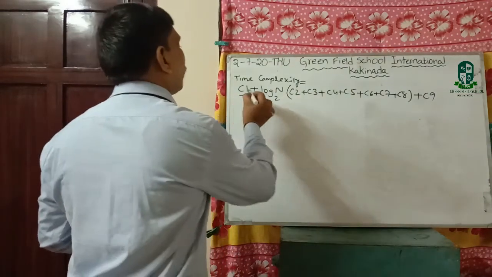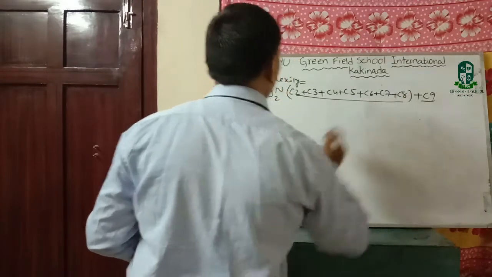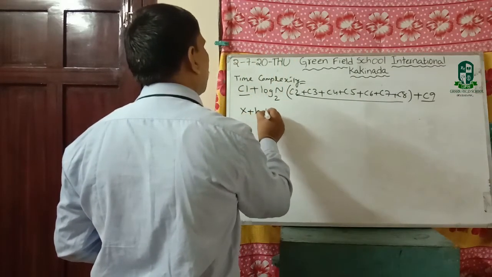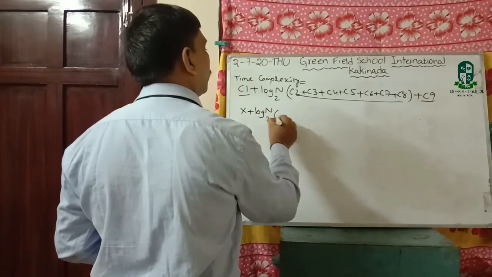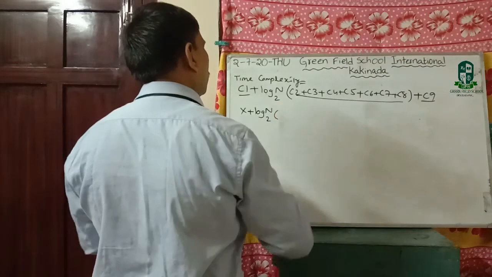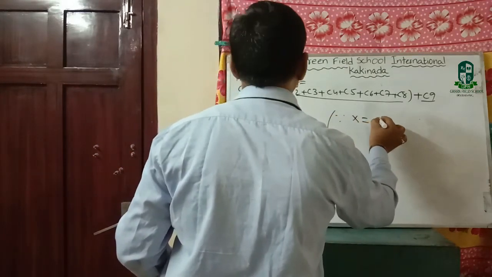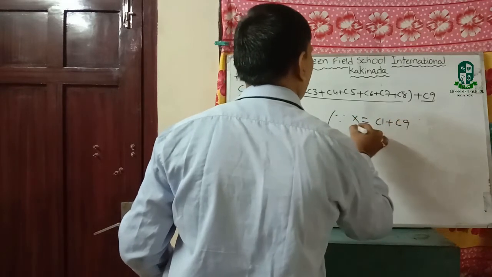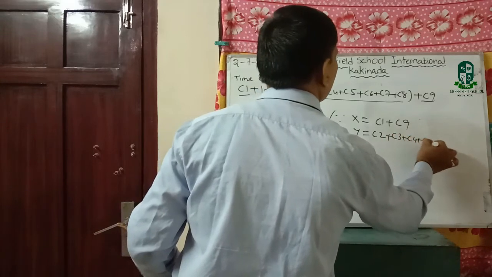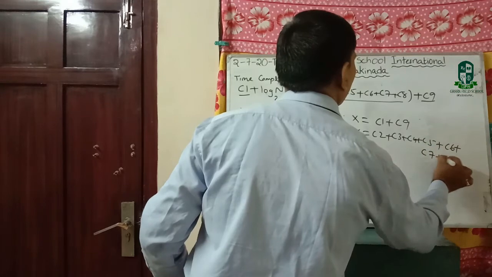This one is constant plus constant, and this one is also constant. So we can write x plus log n to the base 2 into y, where x is equal to C1 plus C9, and y is equal to C2 plus C3 plus C4 plus C5 plus C6 plus C7 plus C8.